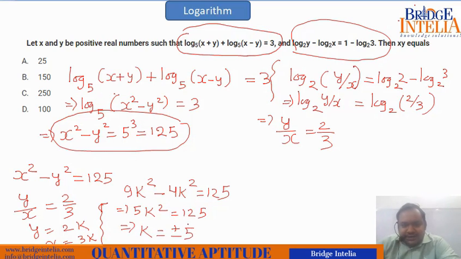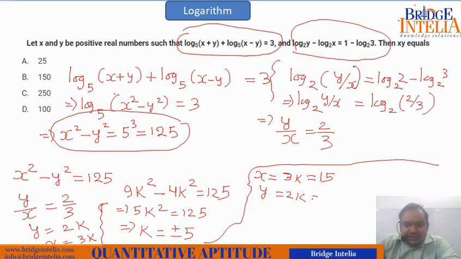We'll assume the positive value here because we are dealing with logarithm. So x was equal to 3k, which is now equal to 15, and y was equal to 2k, which is now equal to 10, because k has come out to be 5. Therefore x into y, the product, was 150, 15 into 10.